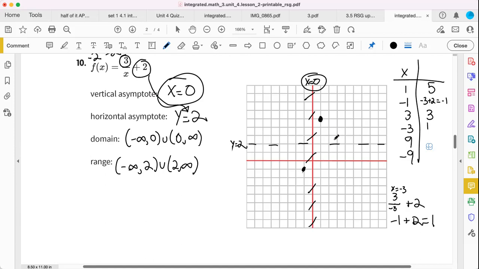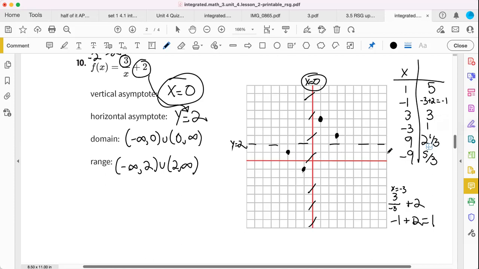So 3, 3 and -3, 1. And as requested by myself, when x is 9, you have 2 and you're adding on a third. Otherwise, when x is -9, it's 2 minus a third. So that's 5/3.